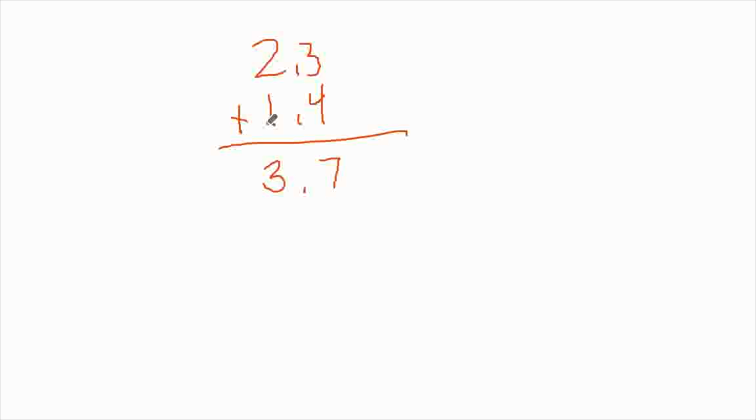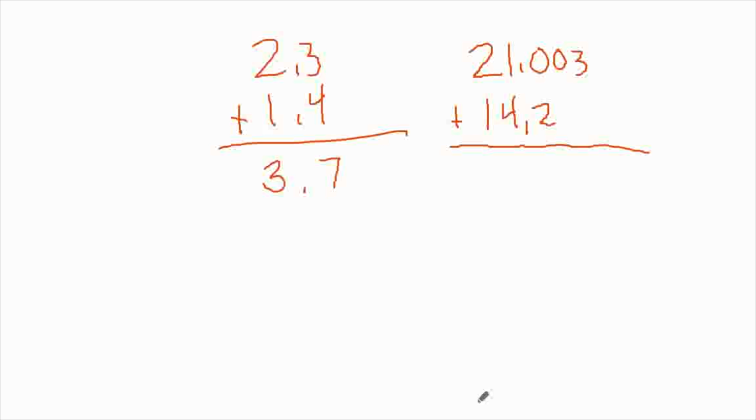Okay, now what if I had a number like 21.003 and I wanted to add, let's say, 14.2. All right, now what do we do with the 3 there on the top? Okay, we don't really have a digit to add. We don't have a digit underneath that's the same quantity, the related column position.